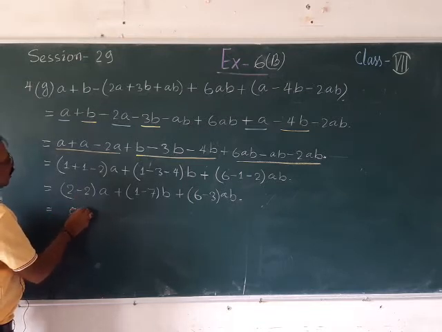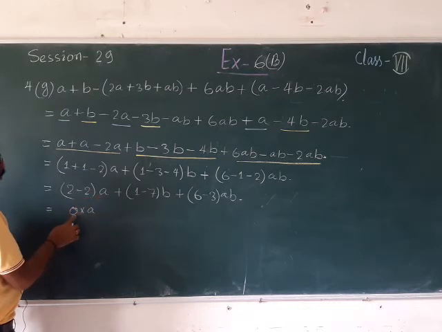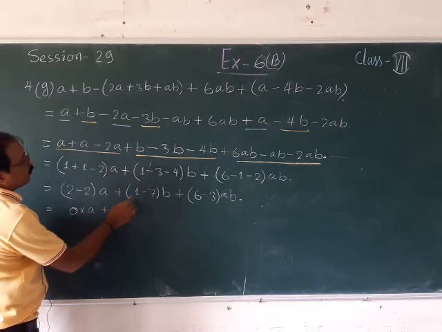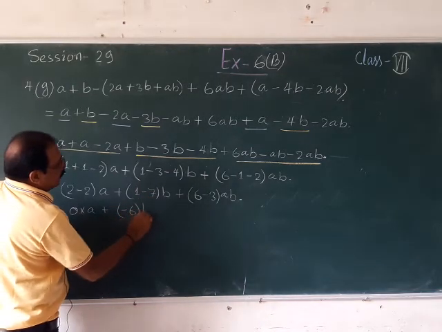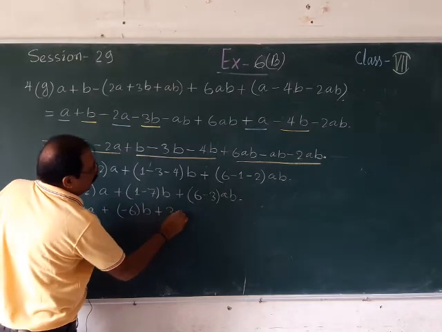Now you can see here 0 into a. Between the term and the coefficient there is always into sign, 0 into a. That means 2 minus 2 is 0 a, it means 0 a only, plus 1 minus 7, that will give you minus 6, then you can write b, plus here 6 minus 3, 3ab.